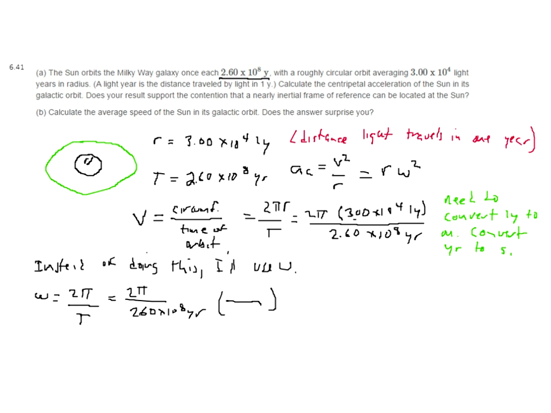And then we want to get this in seconds, so we know that 1 year is 3.16 times 10 to the 7th seconds.